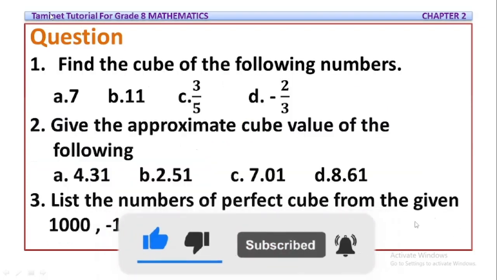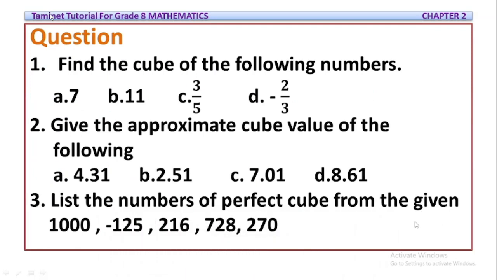Based on this presentation, you can try to find the answers to the given questions. Question 1, find the cube of the following numbers. Question 2, give the approximate cube value of the following. Question 3, list the numbers that are perfect cubes from the given ones. Based on this lesson, you can practice at home to list the correct answers for the given questions.